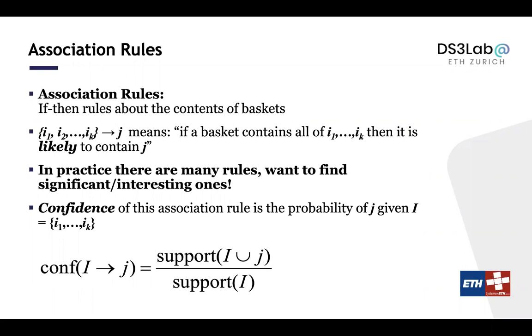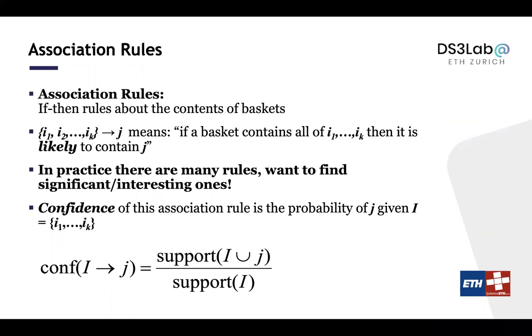The first is the support of I union J. That is, I want to see how many transactions in my database contain all the items in I and J, and I divide that by the number of transactions in my database that contain the items in I. Essentially, conditioned on the transaction containing all the items in I, what is the probability I'm going to also see J there, assuming all the transactions follow some uniform distribution? So that is the confidence of this association rule.